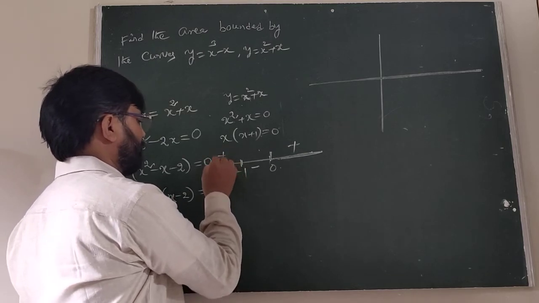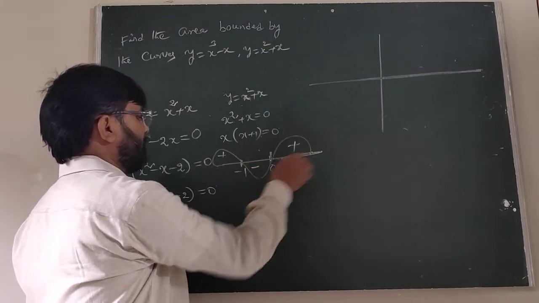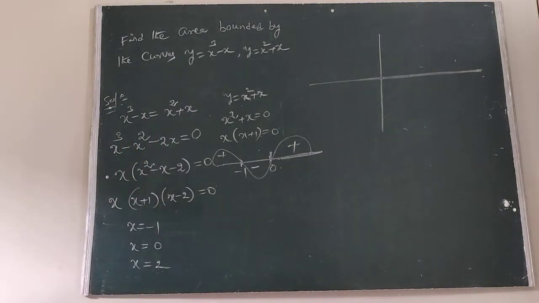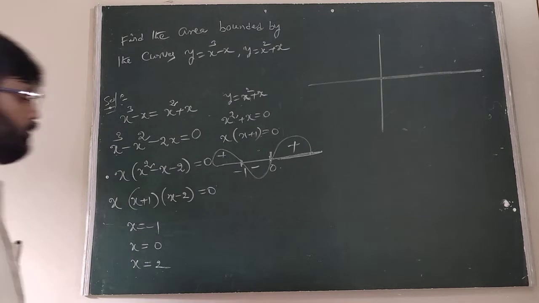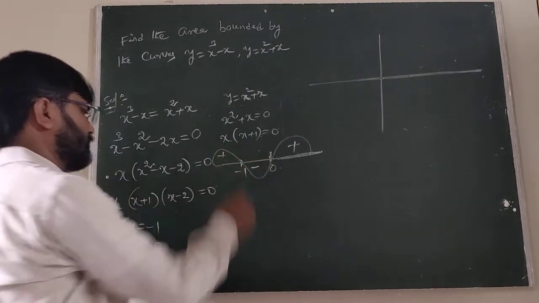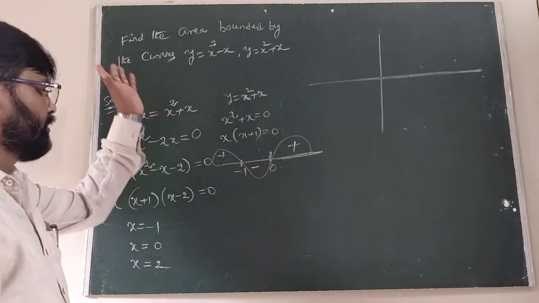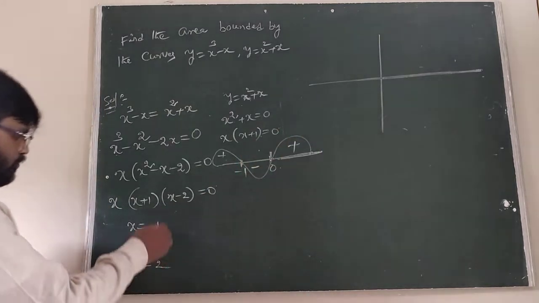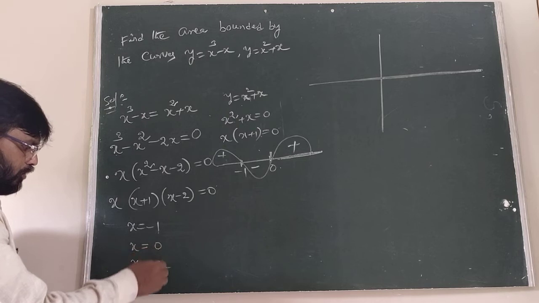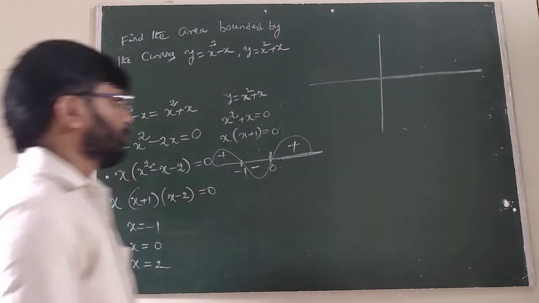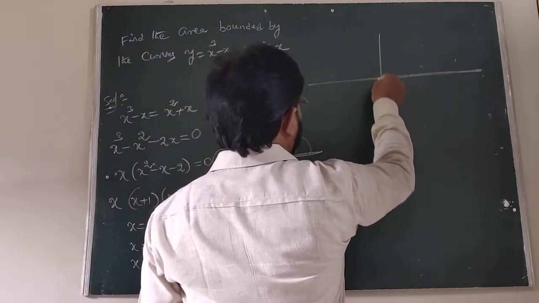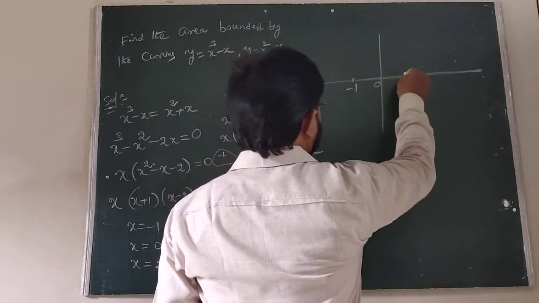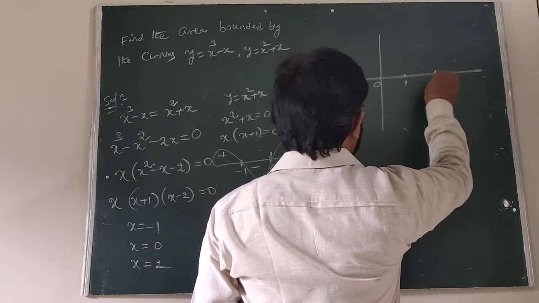So above minus 1 it is always positive, and above 0 positive. Dear students, first we take minus 1, 0, 2. Here 0, this is minus 1, this is 1, this is 2.